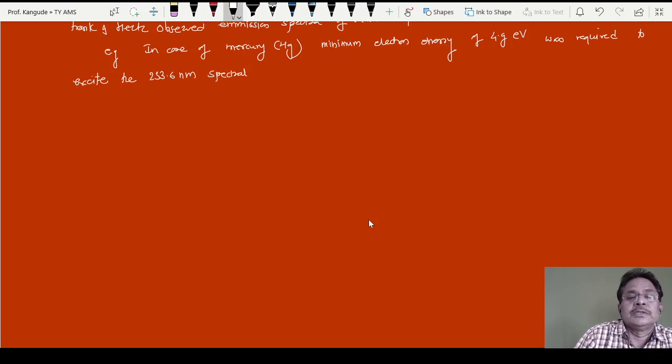What does that mean? This typical spectral line requires the energy of an incident electron to be 4.9 electron volts.